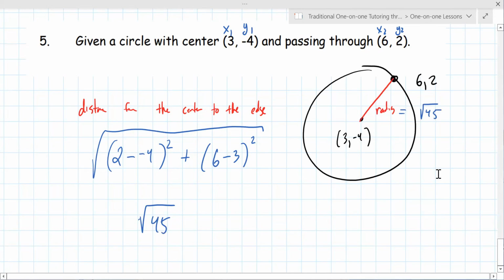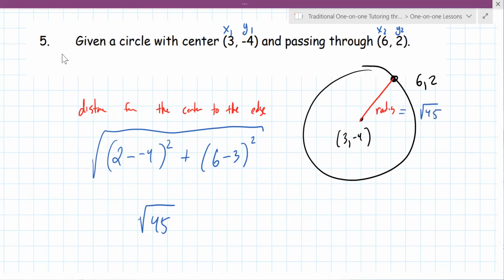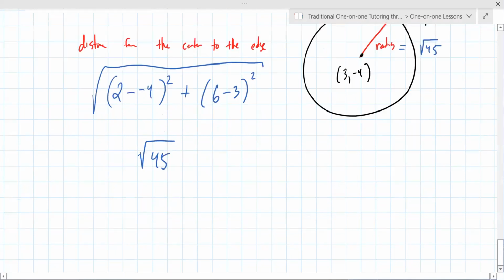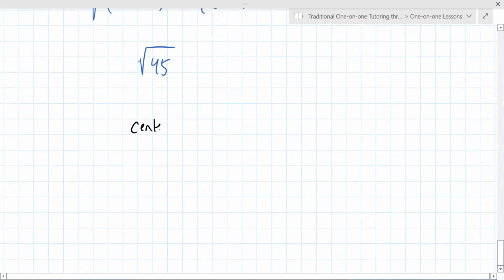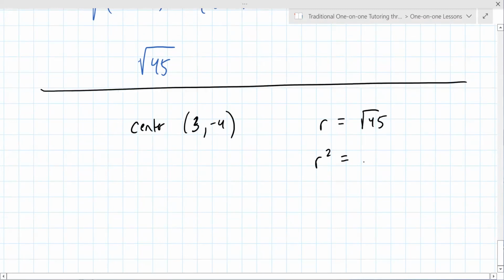Okay, so we're going to reset this problem. We're almost done. The center is at (3, minus 4), and the radius is the square root of 45. What is the radius squared, Sourish? What happens when you square a square root?